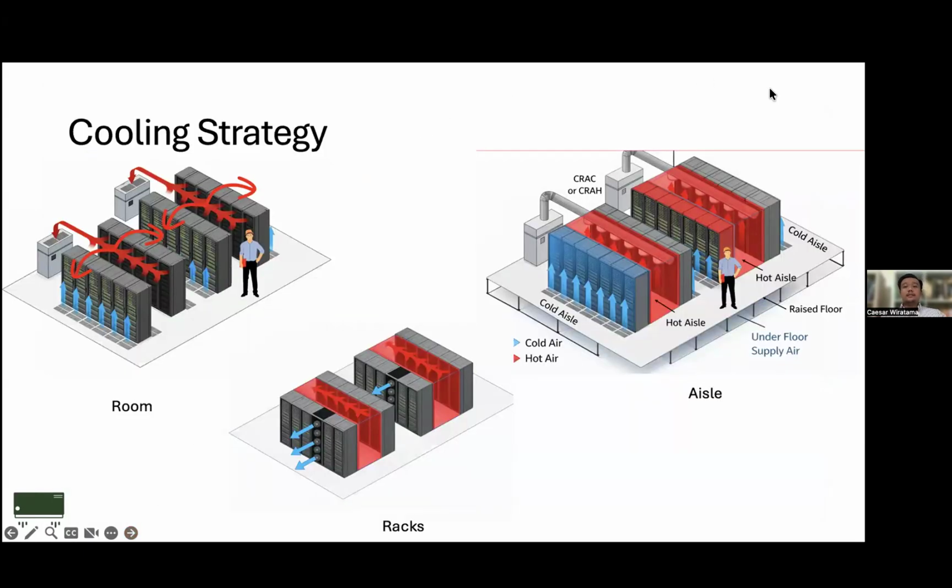Okay, let's discuss the cooling strategy. From our previous discussion, we know that we have cooled air that has to flow to the racks in order to cool them down. We have some options to maximize the cooling strategy. First is to design the room, so you design the layout to make the airflow not circulate back, to maximize the efficiency.